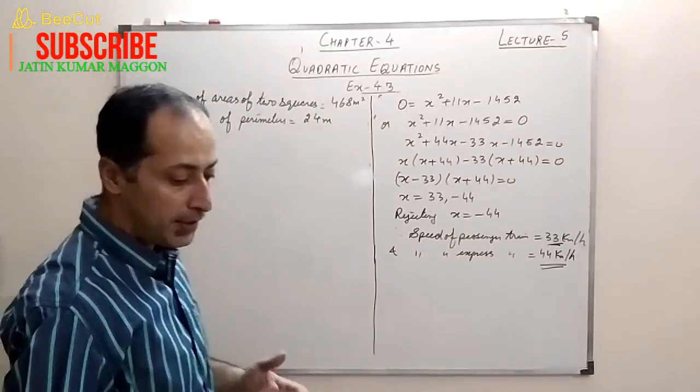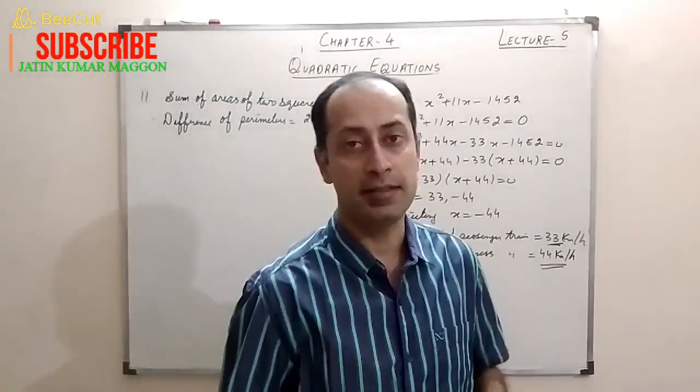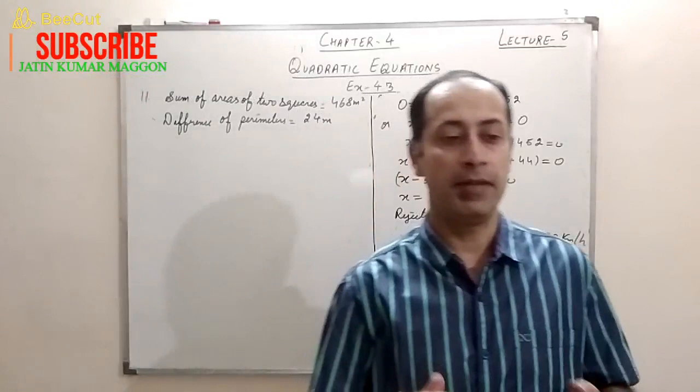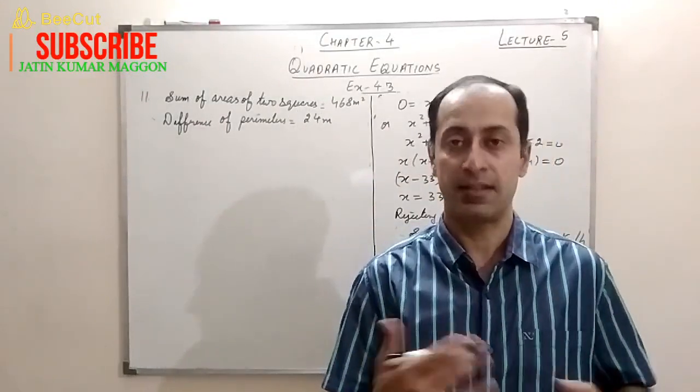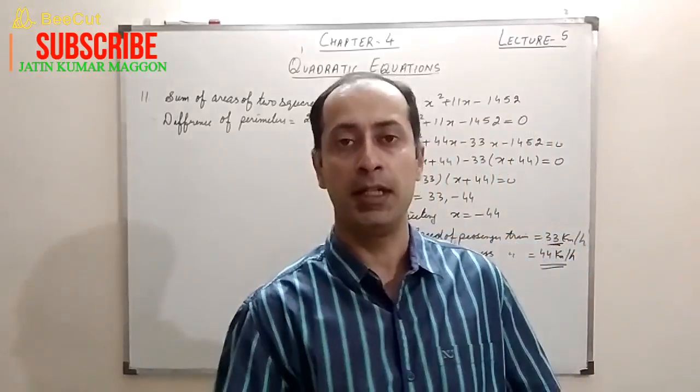Now, we have to find the side of both the squares. So we can suppose one of the squares has side x, it could be the smaller one or the larger one.